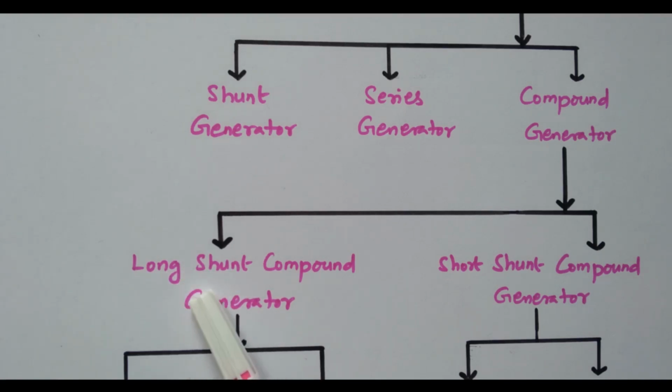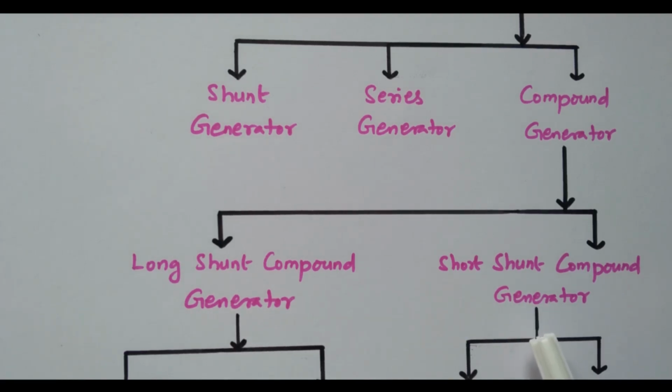So that is called a long shunt or short shunt. With the detailed diagram we are able to understand easily, right. In both the short shunt and long shunt we have the series field winding as well as the shunt field winding. Two windings are available in both types.